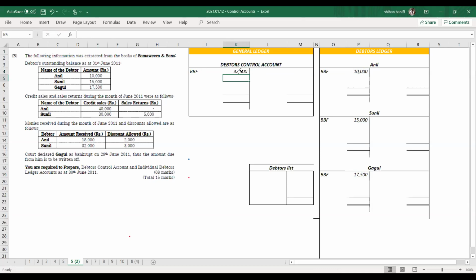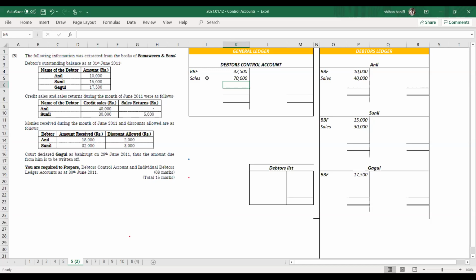Credit sales and returns: sales Anil 40,000, Sunil 30,000. Only Anil and Sunil. So total sales 70,000.